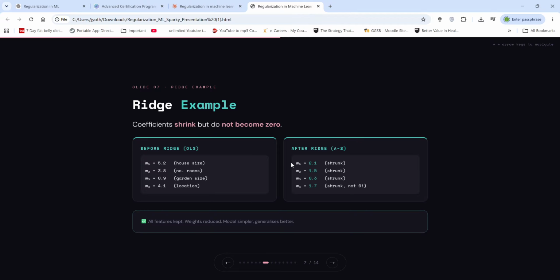This is before ridge and this is after ridge. Here the weight decreases, but it never becomes zero. All the features are kept and the weight is reduced, and the model gets simpler and trains better.